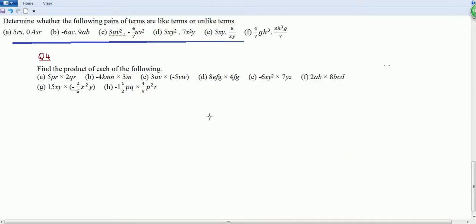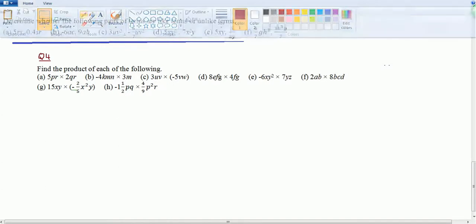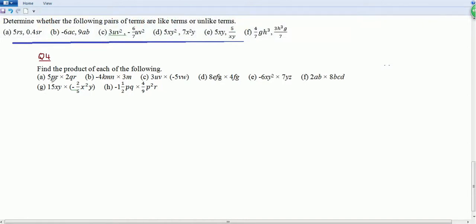This question is about finding the product of two algebraic terms. I will show you a harder one, G and H. 15xy multiplied by negative 2 over 5 x²y.